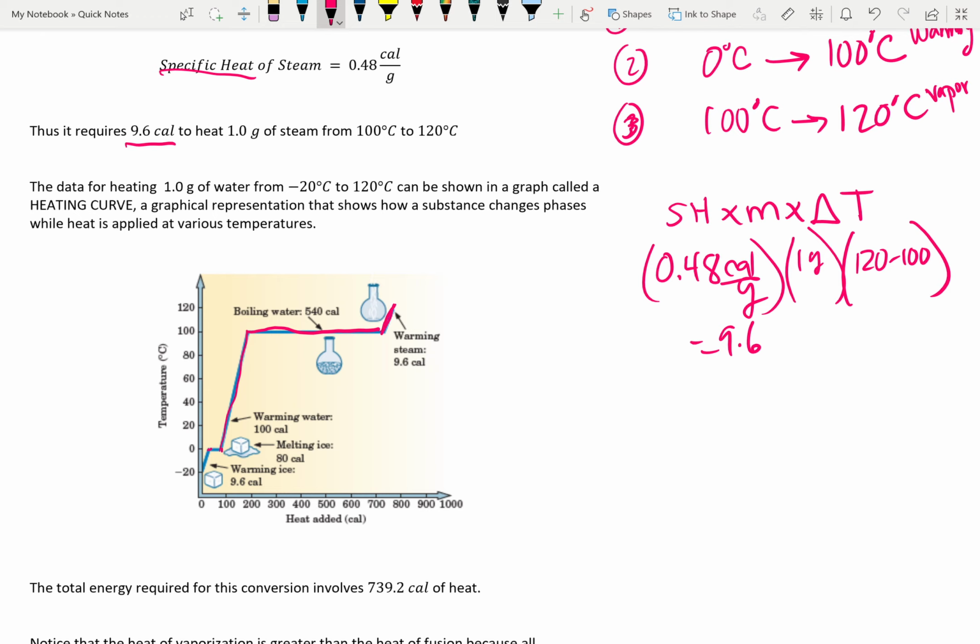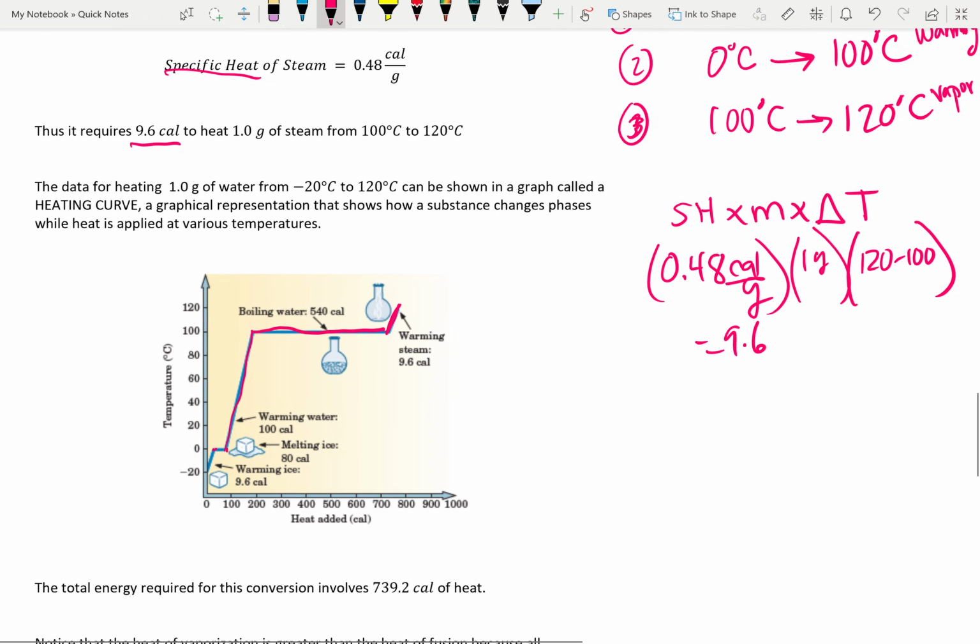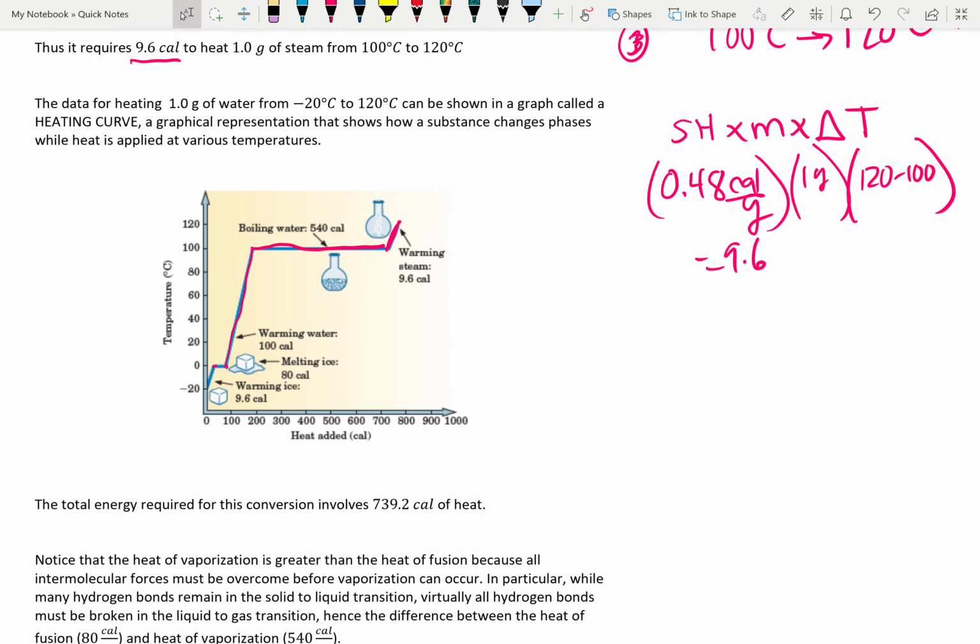So for our example, it asked us to go to 120, and that only requires 9.6 calories. So when we add all of that, the total energy required is 739.2 calories of heat to go from negative 20 degrees Celsius of ice to 120 degrees Celsius of steam.